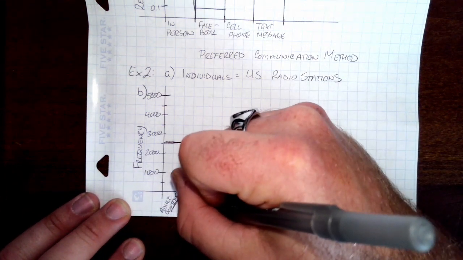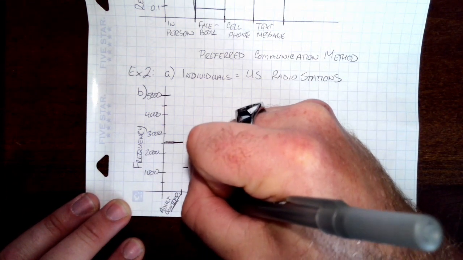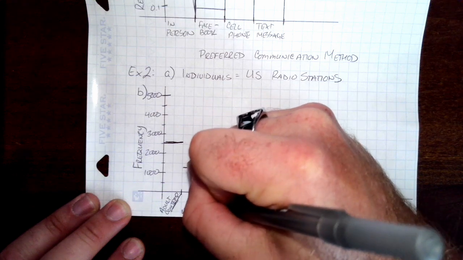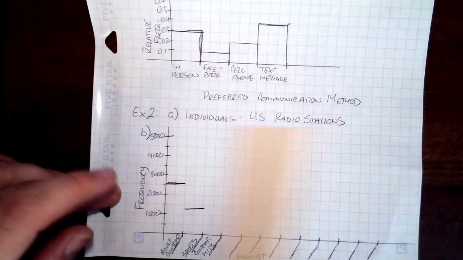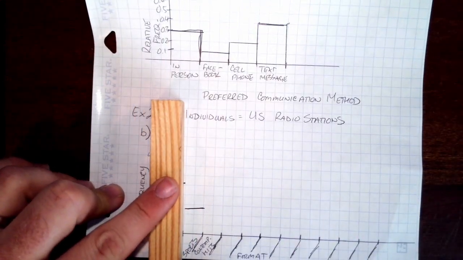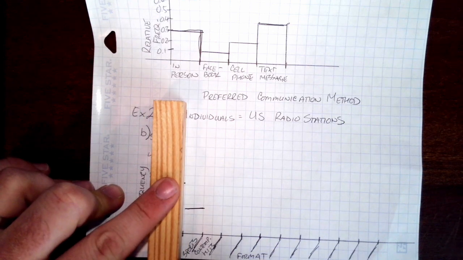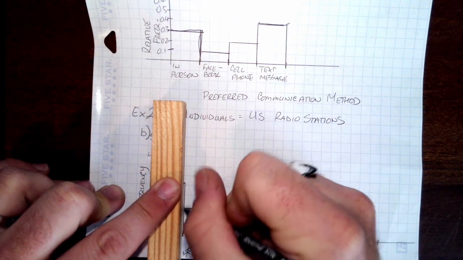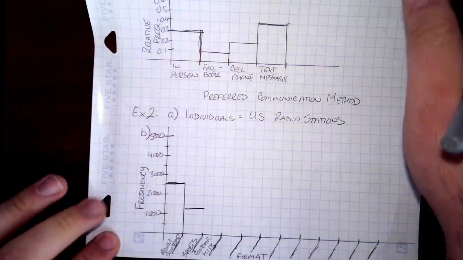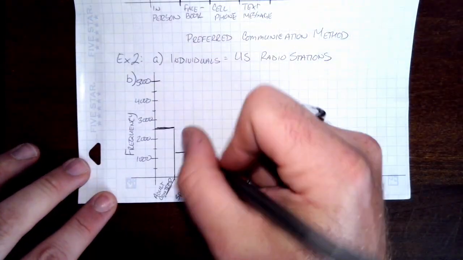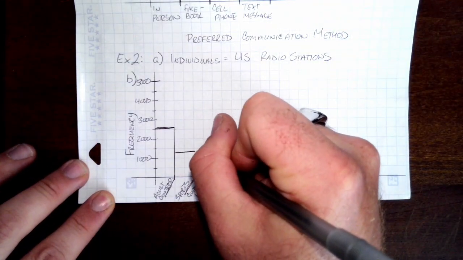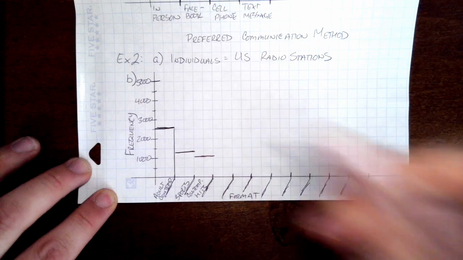Contemporary hits, we can start getting some of those lines. We had 1,012, so a little bit above 1,000.